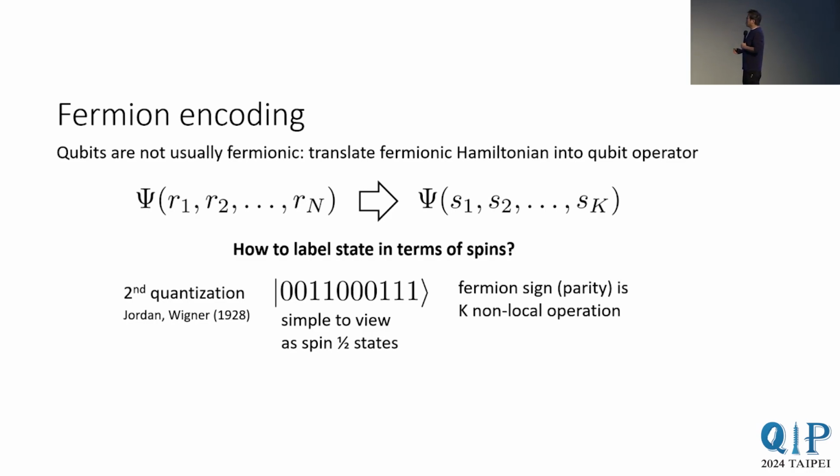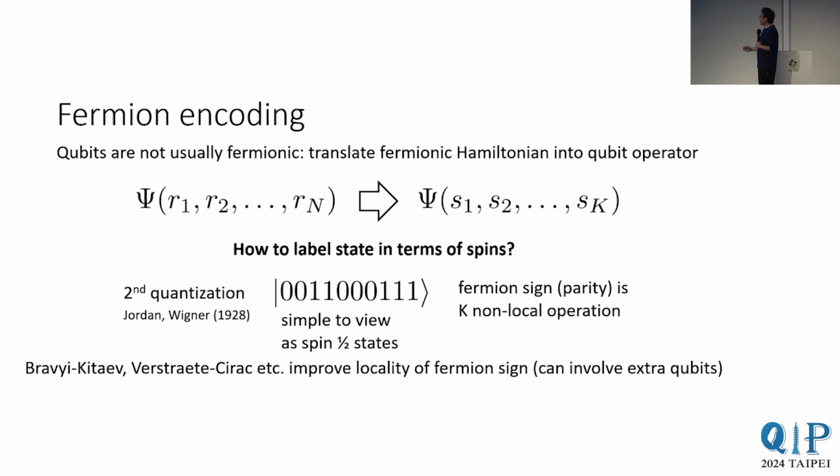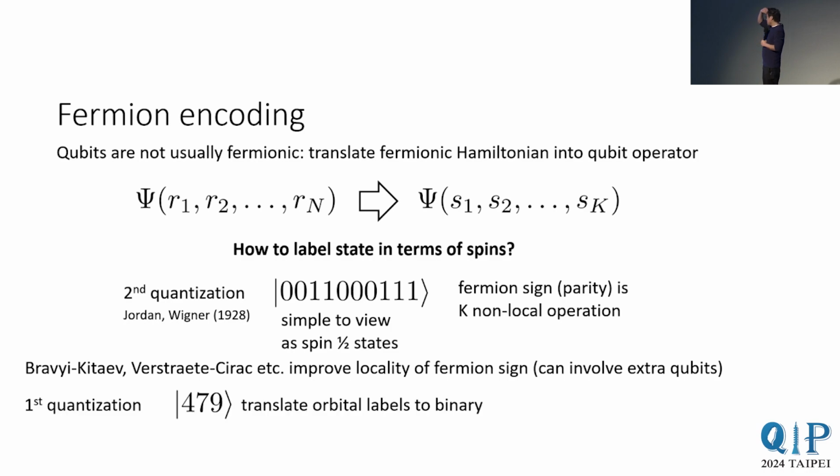This is the simplest thing to do. The fermion sign, or the parity computation, is very non-local, and so it has some undesirable characteristics if you want more local encodings. And there are various ways to make more local encodings, some of which involve introducing extra qubits. There are also other representations. For example, you don't have to store all the zeros and ones. You can say, I'm just going to label the orbital which is occupied.